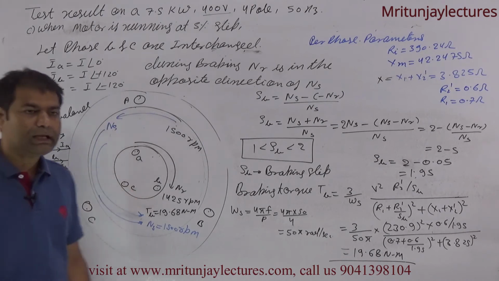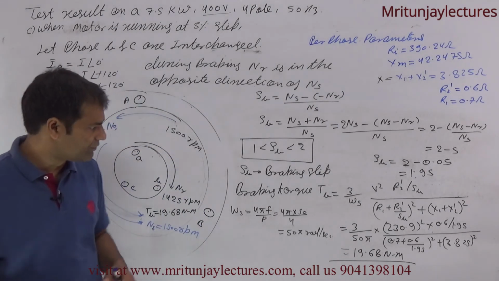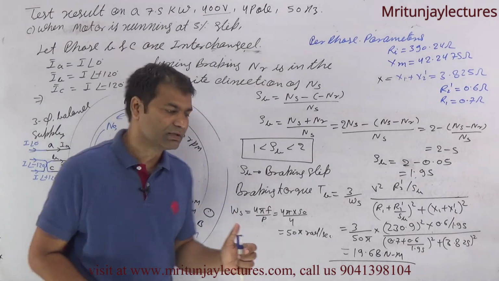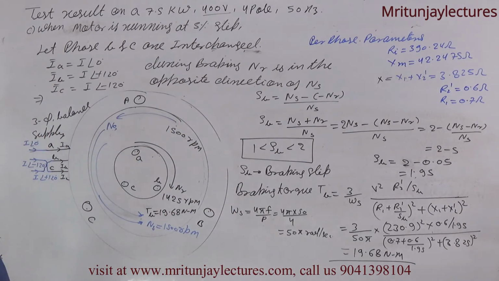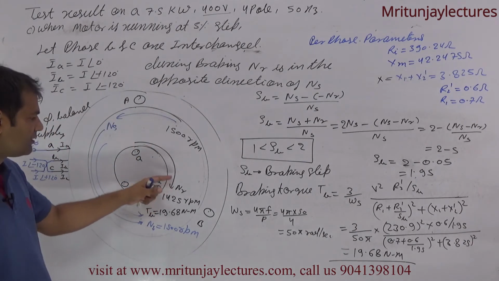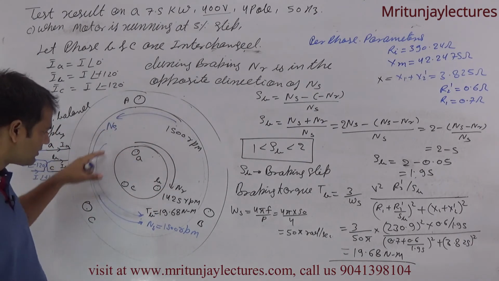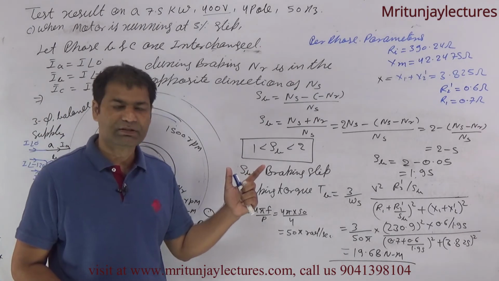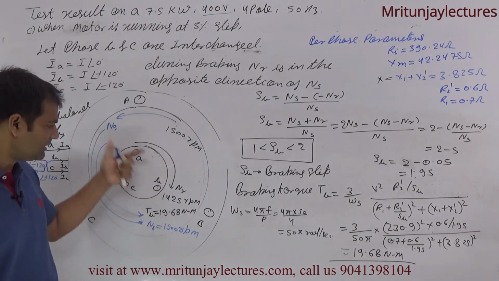Near zero speed, if the supply terminals are not disconnected, then the speed NR goes in the opposite direction and picks up speed corresponding to this slip in the opposite direction.